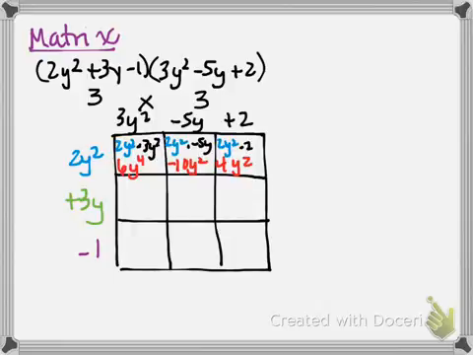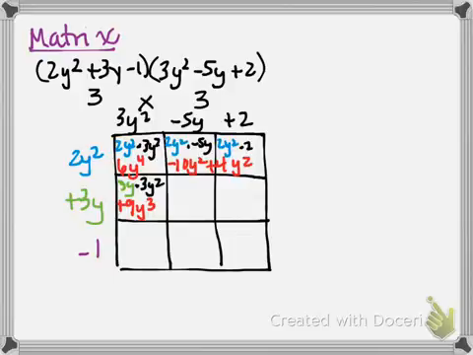And we're just going to continue on. So let's do 3y times the 3y squared. And when I'm doing this, I should be adding signs, so this one should be a positive 9y cubed.